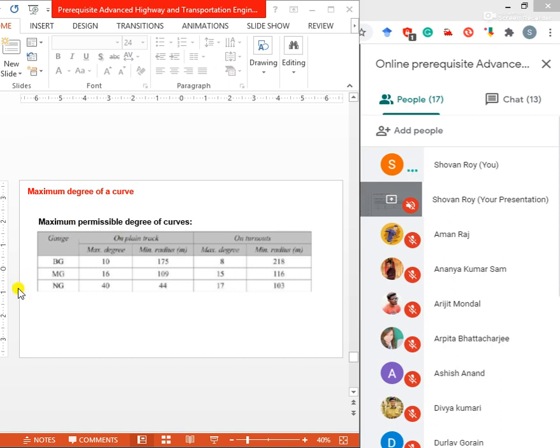Suppose you are solving a problem for a broad gauge line and you get a minimum radius above 200 for plain track; this is not permissible, because you should know these values to correct your answer. During the exam, if you solve for the maximum degree of curve and get 15 for plain track on a broad gauge line, that is an odd number and the answer is not correct.